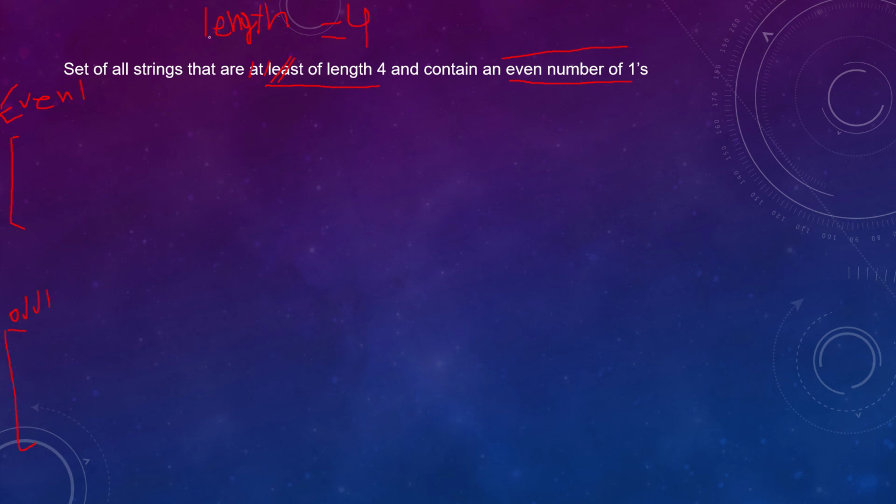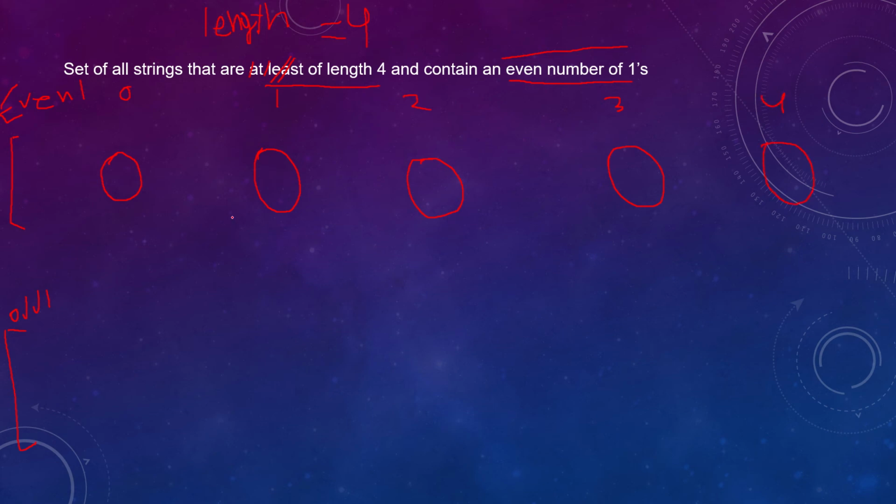As the length is 4, there will be 5 steps for the even part: length 0, length 1, length 2, length 3, and length 4.